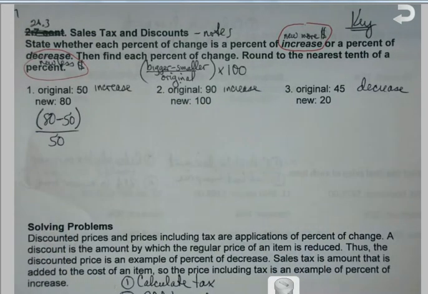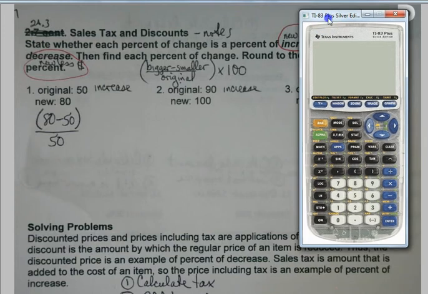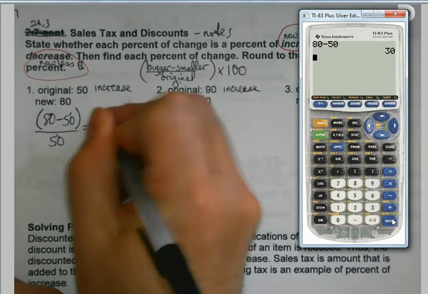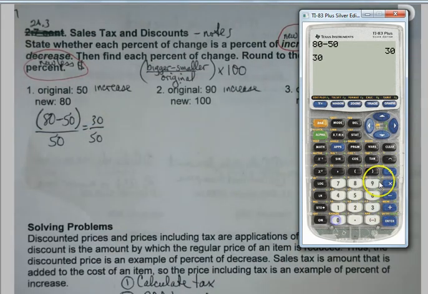Now, instead of typing this all into the calculator at once and possibly getting myself into an issue, here's my plan. Once I get out of graphing mode, I like to do things in parts. So I'm just going to do 80 minus 50 first. I'm going to jot that down quick so I can see what's going on later.